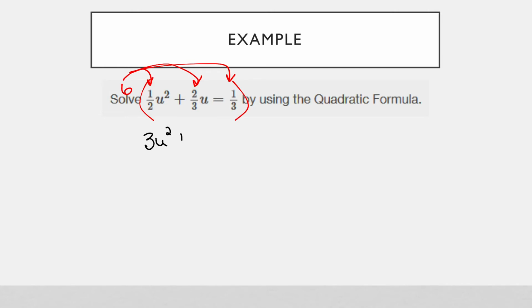So I would have plus 4u. 6 times 1/3, that is the same thing as 6 divided by 3, which is 2. Now, even this is not written in standard form, so we need to get something equals 0. So I would have to subtract 2 from both sides.